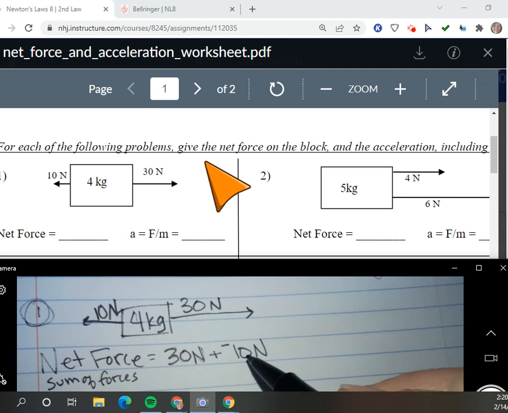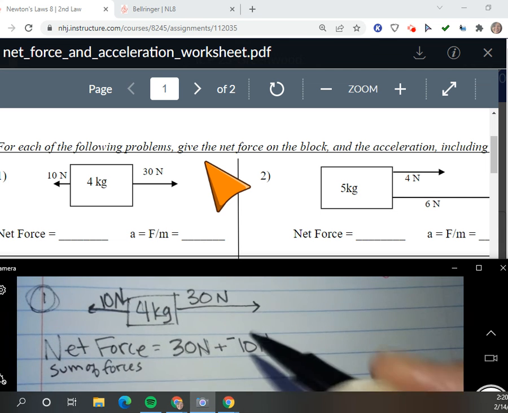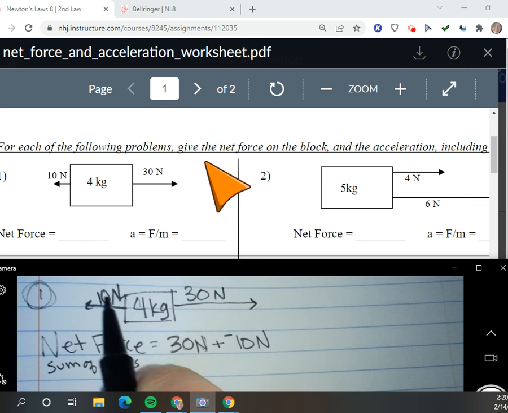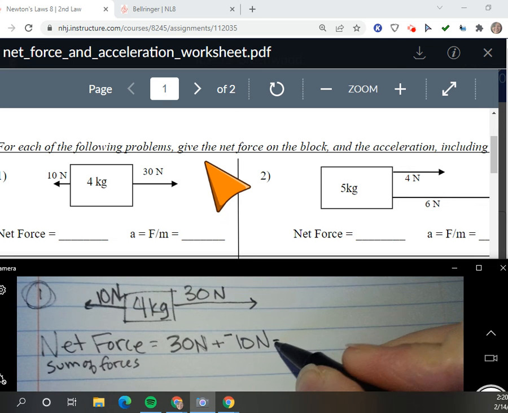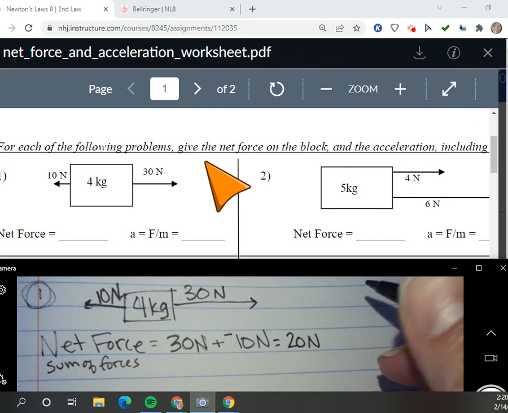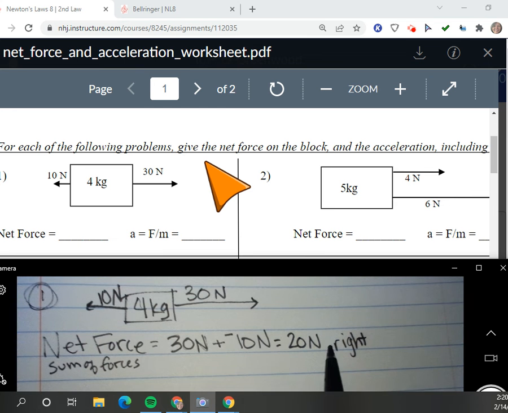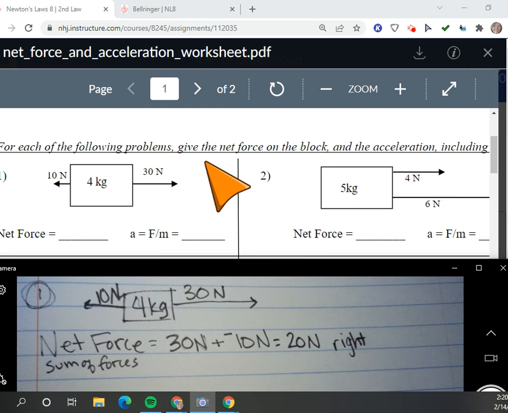Now, why is the 10 negative? It's going the opposite direction. That's right. So we're going to actually end up with 20 newtons to the right because that was a positive number.